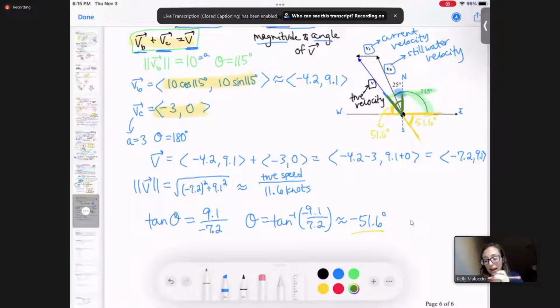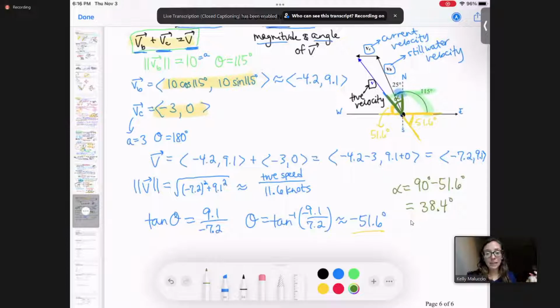So we're interested in this, maybe I'll call it alpha. To get alpha, we're going to do 90 degrees minus 51.6. There are different ways you could have calculated this, but this is kind of the pictorial way that you would calculate it. And so that's going to be about 38.4 degrees.